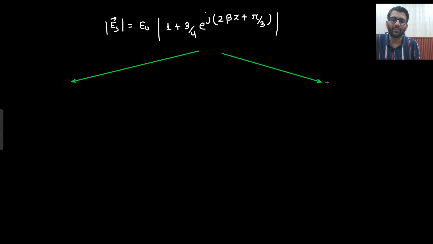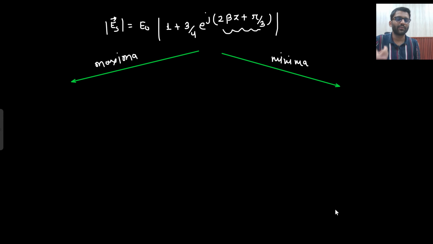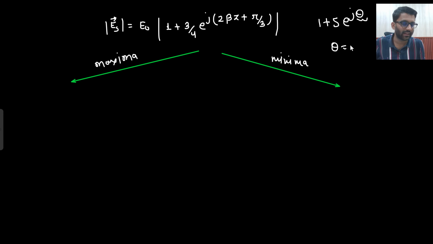Now maxima and minima I need to calculate. Now this angle should be equal to 2n pi. What did we study? 1 plus 5 e to the power j theta. So theta, this angle has to be equal to 2n pi for the maxima.